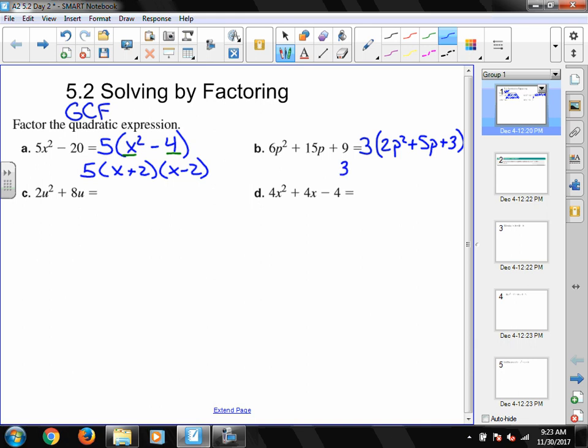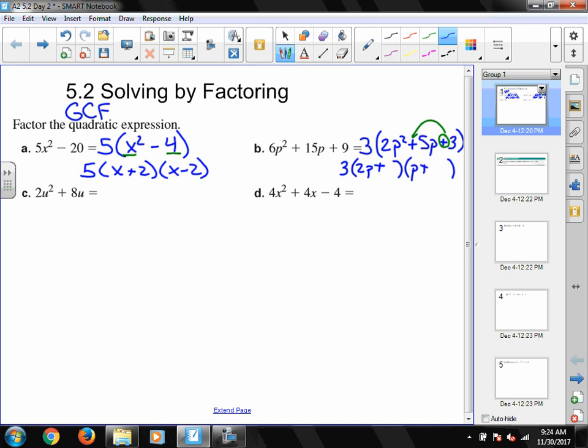And just for fun, let's take a look and see if we can factor this using our guess and check method. So I keep my 3 out here. I know I'm going to need 2 sets of parentheses. To get 2p squared, I need to multiply 2p and p. I look at my signs. I've got addition, so I know they're the same. I look forward. That is an addition sign. So I'm adding in both of these, and I need factors of 3.